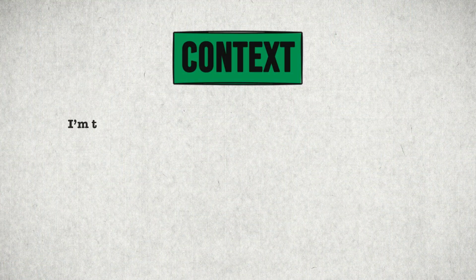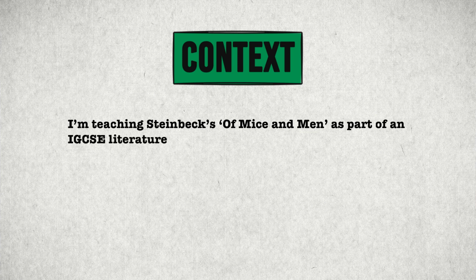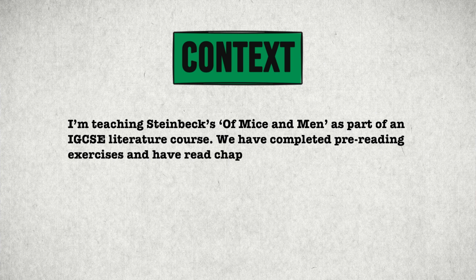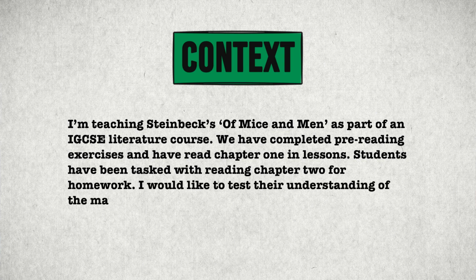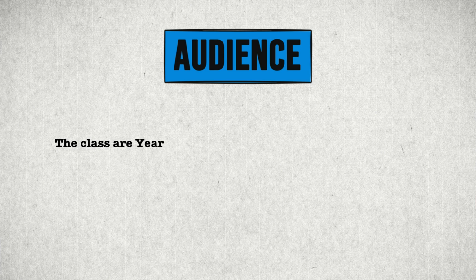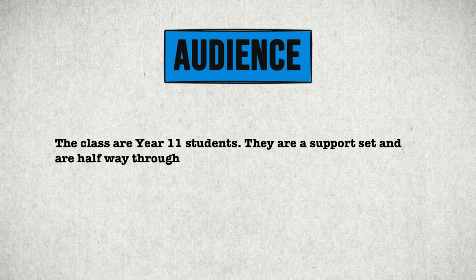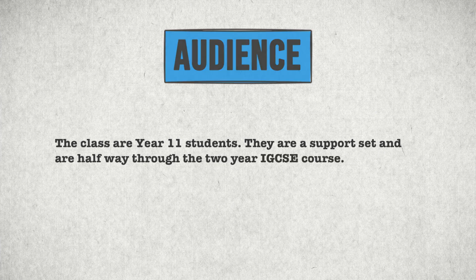So here's a prompt that I've generated, and as you'll see, each of the elements of craft have been included in the prompt. I'm teaching Steinbeck's Of Mice and Men as part of an IGCSE literature course. We have completed pre-reading exercises and have read Chapter 1 in lessons. Students have been tasked with reading Chapter 2 for homework. I would like to test their understanding of the material. The class are Year 11 students. They are a support set and are halfway through the 2-year IGCSE course.